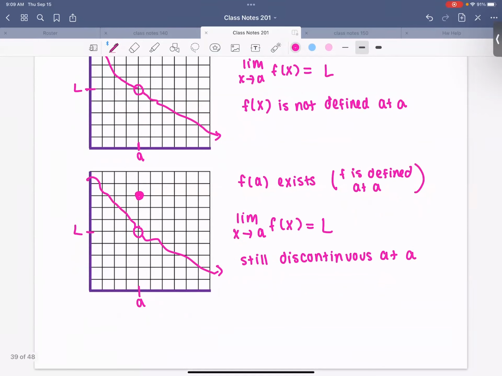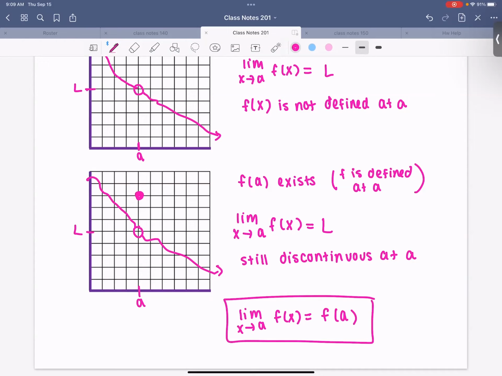Okay. The problem here in all three cases is what we needed for continuity was for the limit as x approaches A of our function, we really needed that to equal f of A. So the value of the function needs to equal the limit of the function if we have continuity.